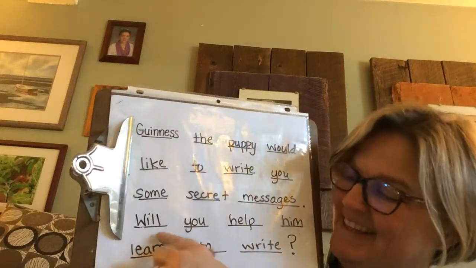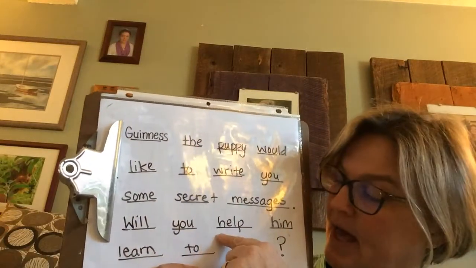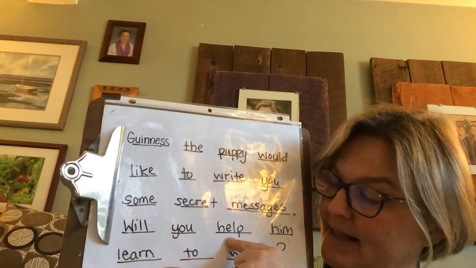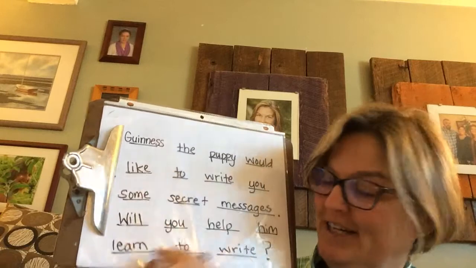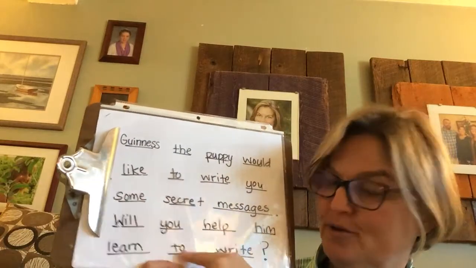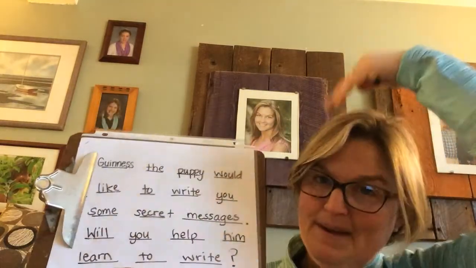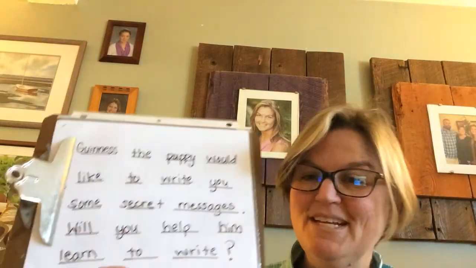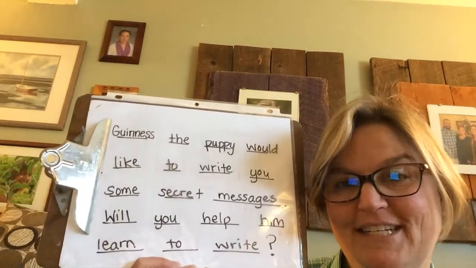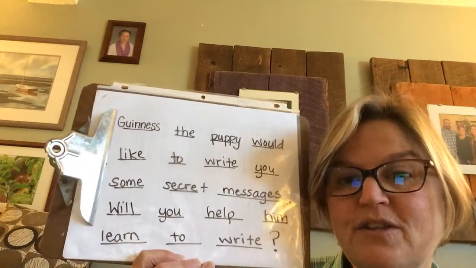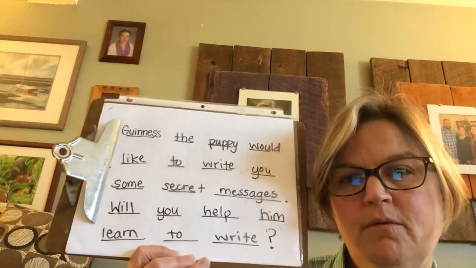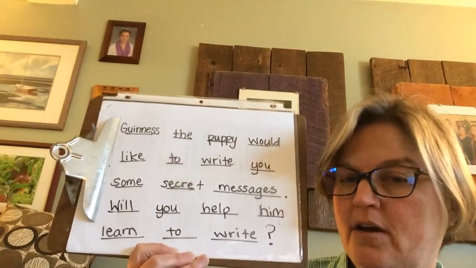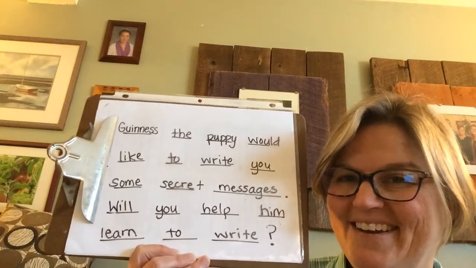Will you help him learn to write? So Guinness wants to write you some secret messages every once in a while so that you can help him fix some of his work, like you and I will be fixing some of your work together over the next few weeks. All right, so this is going to be a fun one.